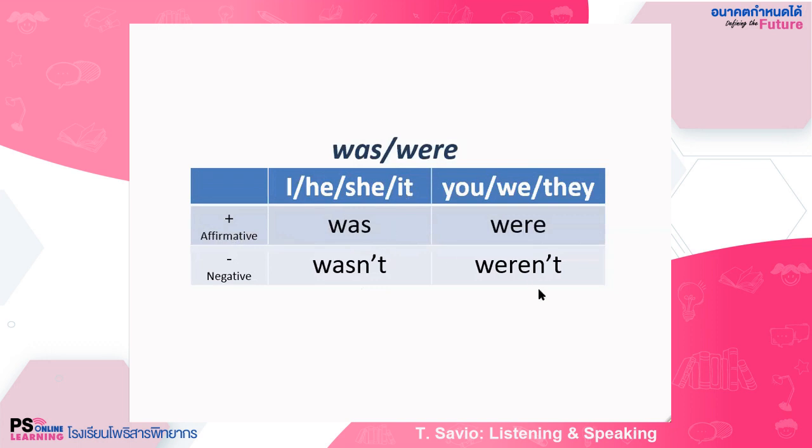And for the plural, we use the word weren't. We weren't, they weren't. But when we talk about you, which is the exception, you weren't in school yesterday. So you is the exception.